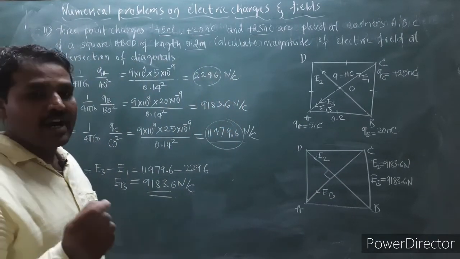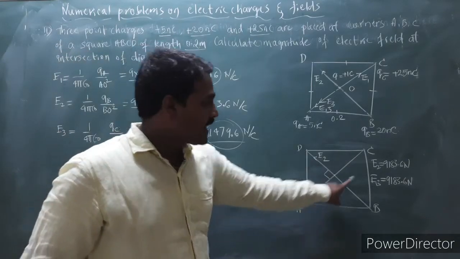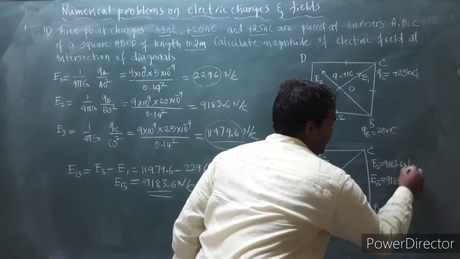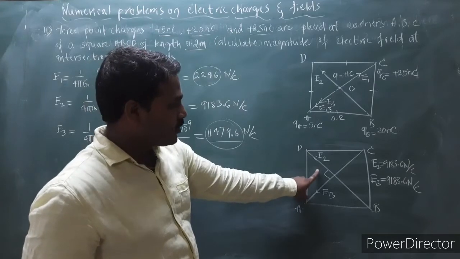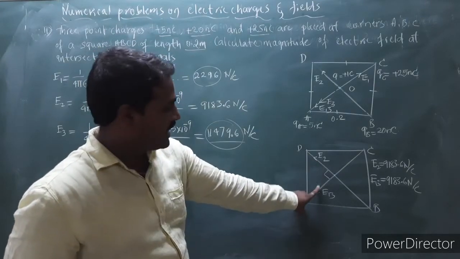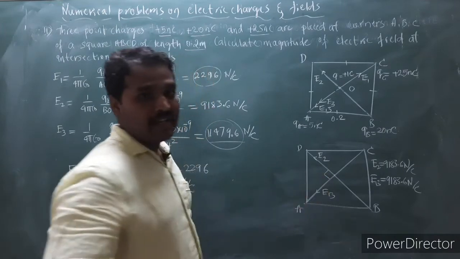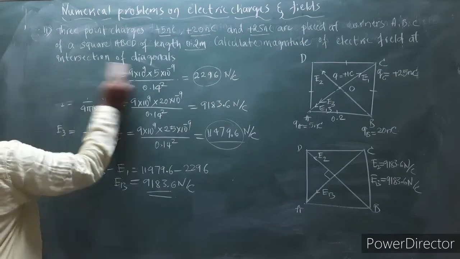So now I am left with the two vectors E2 and E13, which have magnitudes of 9183.6 newtons per coulomb. I have to find the resultant of these two electric fields, and the angle between them is 90 degrees.